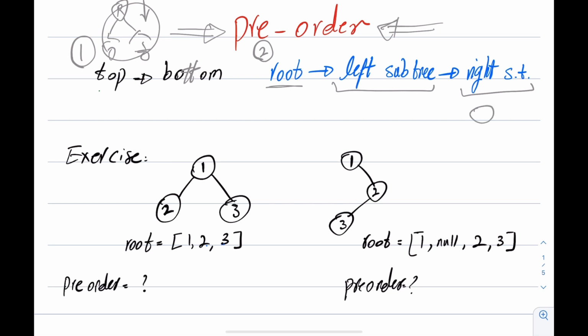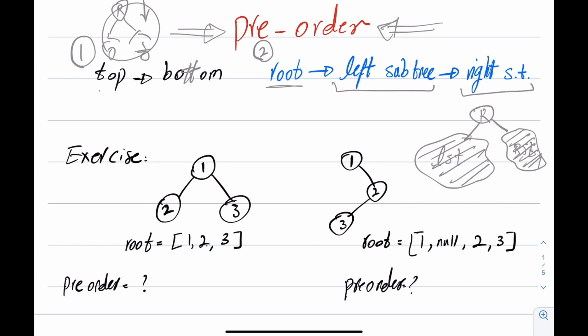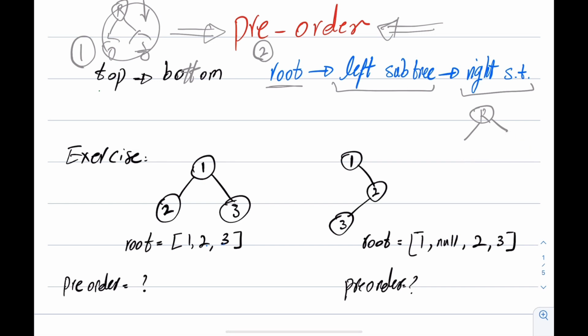It means that if this is your root and there exists a left subtree, I'm going to call it left subtree, and I'm going to call this right subtree. So you need to cover the whole thing on the left subtree before moving to the right subtree. And assume that there is no left subtree here, and then we have a right subtree.